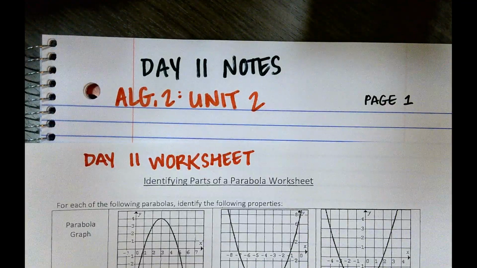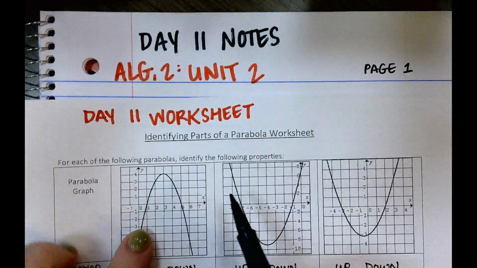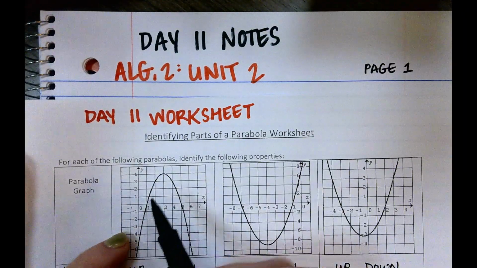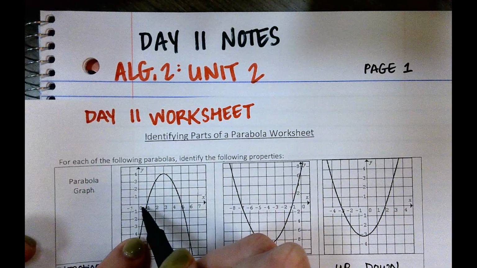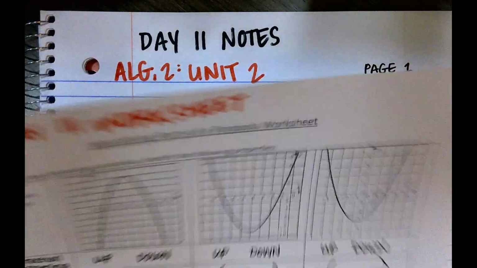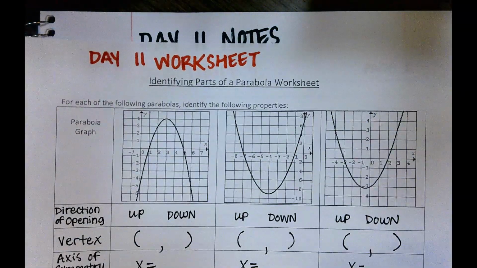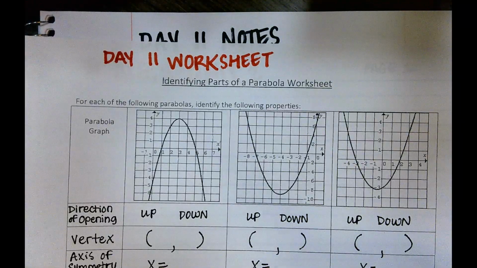So whenever we have been finding the discriminant, finding the x values, I mentioned a couple of times that what we were finding was how many times our graph touches the x-axis and where it touches the x-axis. So what you're looking at here on this worksheet is a bunch of graphs of quadratic equations.